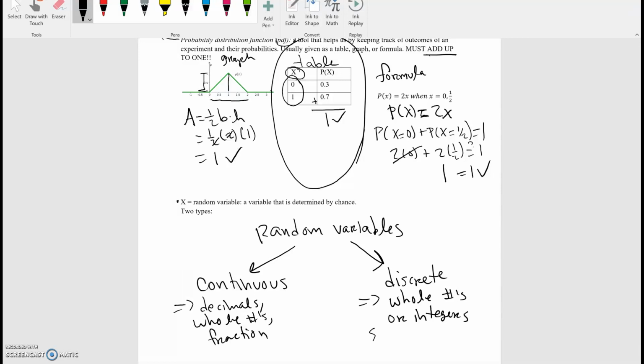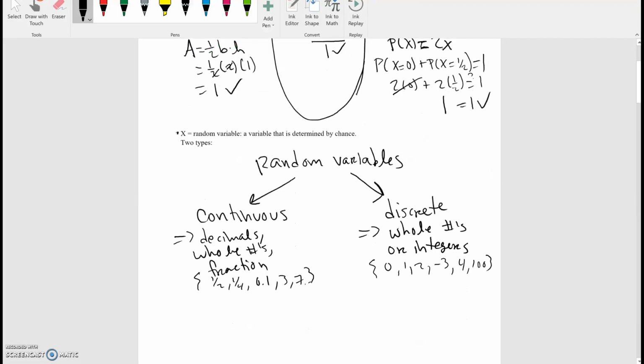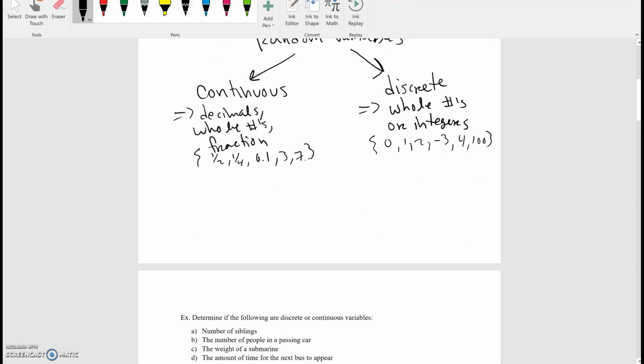All we can think of is like 0, 1, 2, -3, 4, 100, whatever we can think of that's whole. Whereas continuous, you can think of 1/2, 1/4, 0.137. So they also include the whole numbers, but continuous random variables can also include decimals. Those are the two different types of random variables.